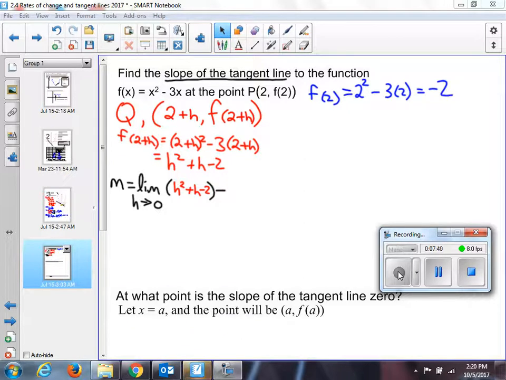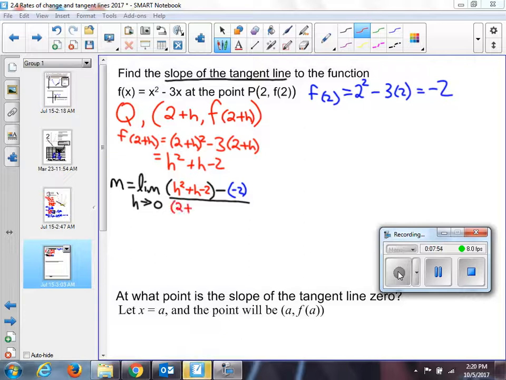So I'm going to use my y coordinate, negative 2, over 2 plus h minus my x value from the point P, which is 2.